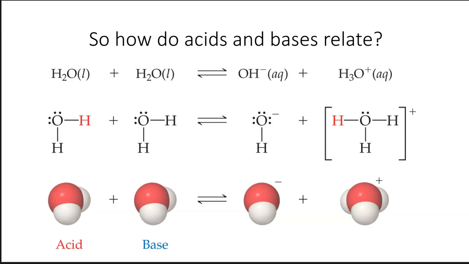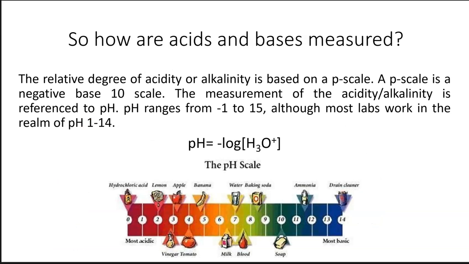And when these two ions are at equal concentrations, we're said to be neutral. Well, on the pH scale, neutrality occurs at pH 7. So pure water has a pH of 7.